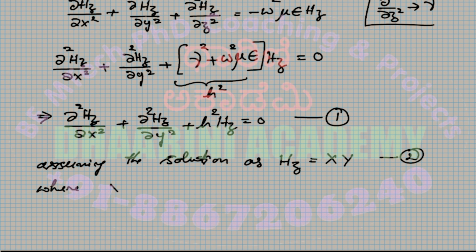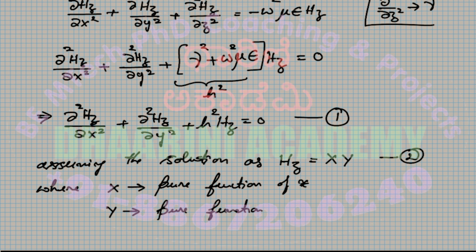where, recall, what is the characteristic of X and what's the characteristic of Y we are expecting? X should be a pure function of x only, and Y a pure function of y only. Perfect. This is because, recall the mathematics behind this.